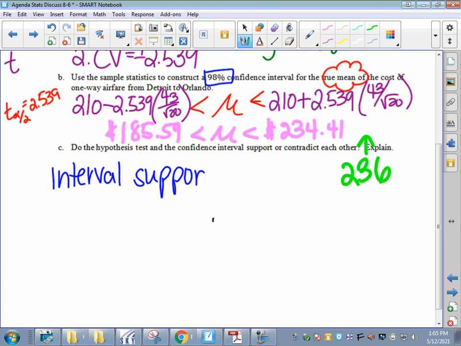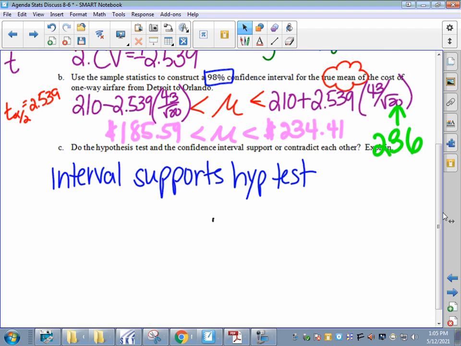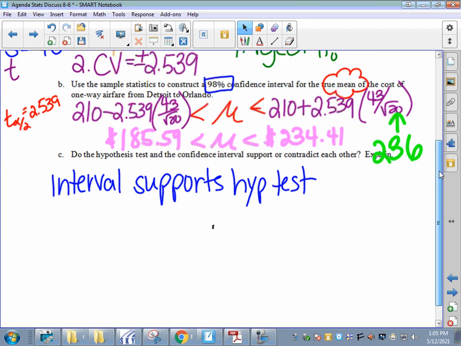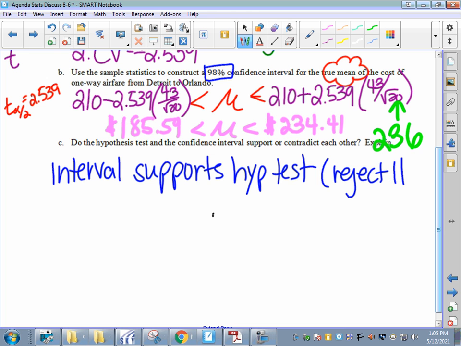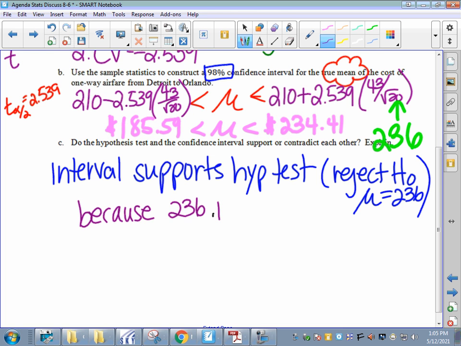The interval supports the hypothesis test. Somebody asked me if they had to write all this. Our hypothesis test, of course, was that we rejected H sub O, which is the mean is equal to 236. And it supports it because 236 is not in the interval.